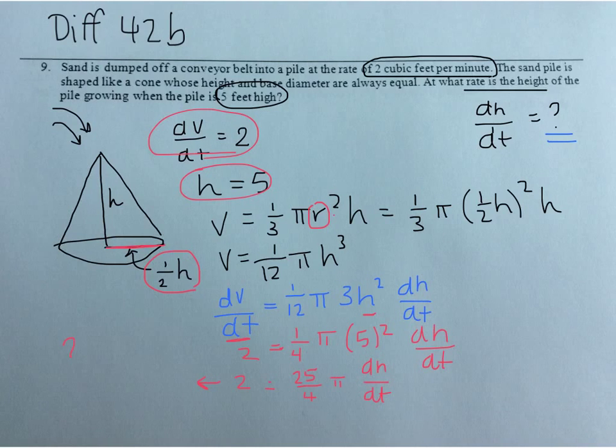I'm going to have 8/(25 pi) equals dh/dt, and if we want a decimal, that is 0.102 equals dh/dt. This is bad notation. 0.102, that's the rate of my height changing. dh/dt, so my units would be feet per minute.